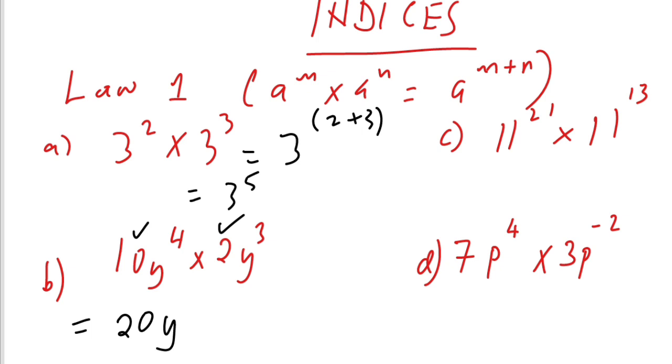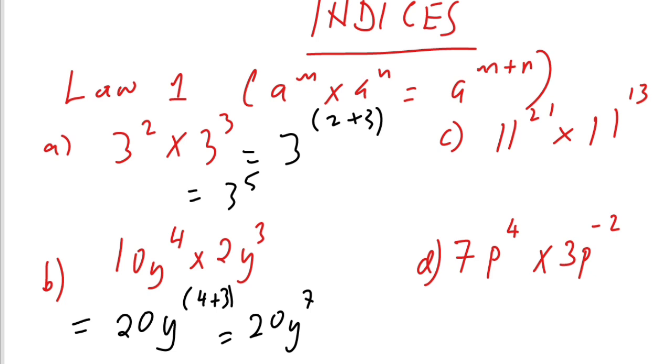As for the other one, which is y, we say that if you have same bases but different powers, you add those powers, so you add 4 plus 3, and at the end of the day your answer will be 20y to the power of 7. Okay, so you can pause the video and try out this question C and D by yourself, but we'll do it together. I want just you to try it out so that you can see how it's solved.